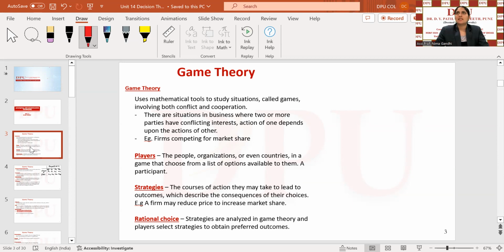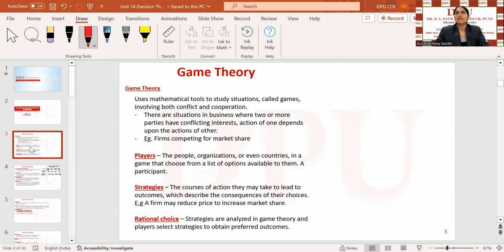Who are the players basically? Any parties who are involved in that particular game are the players of that game. The players can be people, organizations, countries, anything. So there are two or more parties.